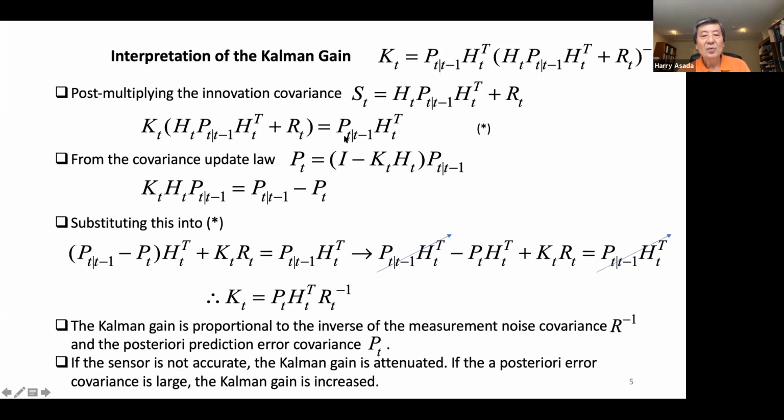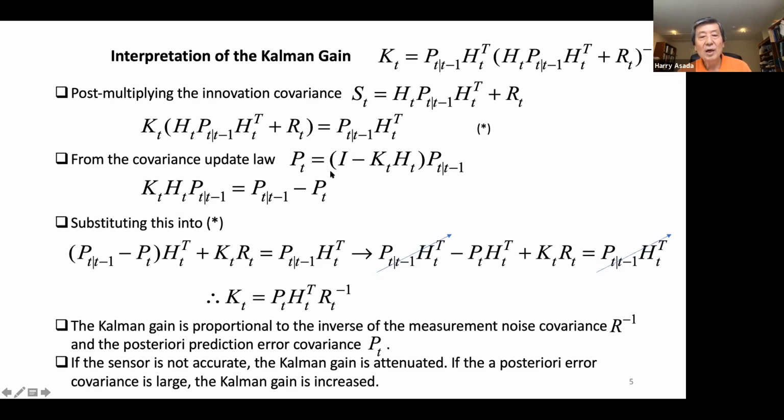And then now we use the covariance update law. Remember, P_{t|t-1} is basically attenuated, reduced by incorporating the new sensor measurement, right? Which is to reduce this by this much.